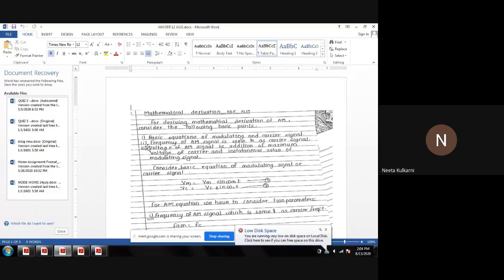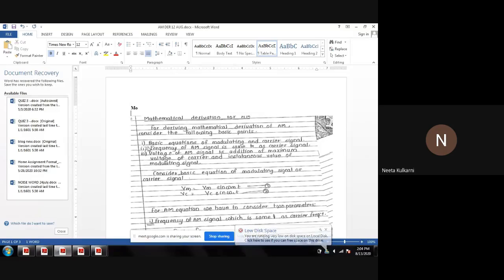So simply we can write here, I will write that whatever is the modulated signal, that is nothing but the modified carrier.